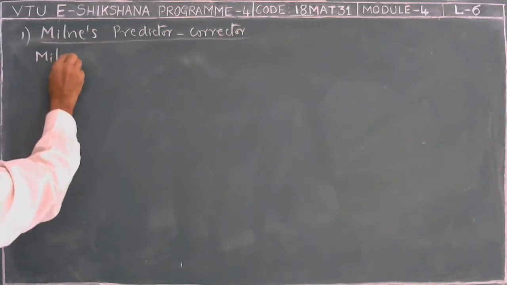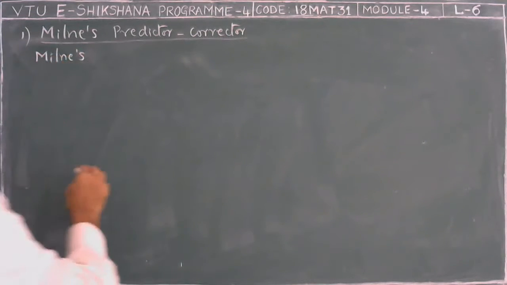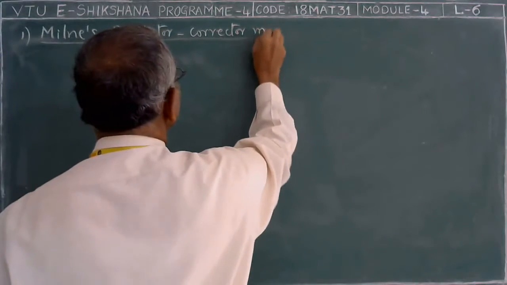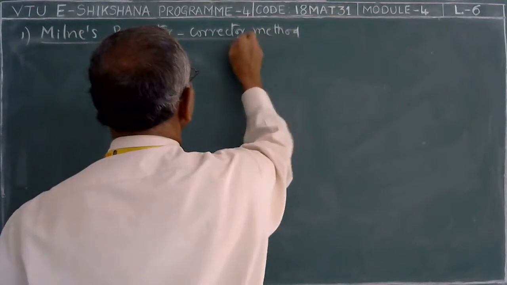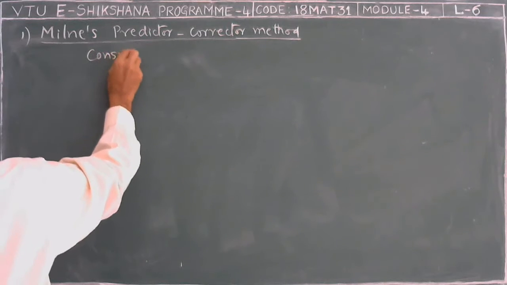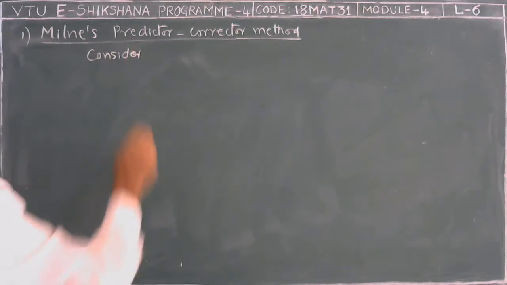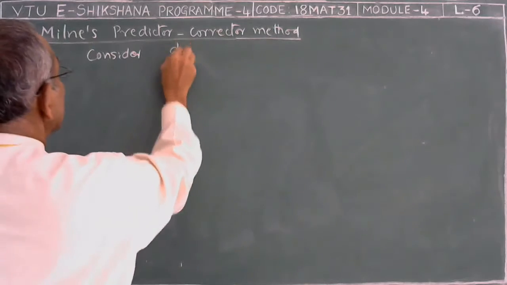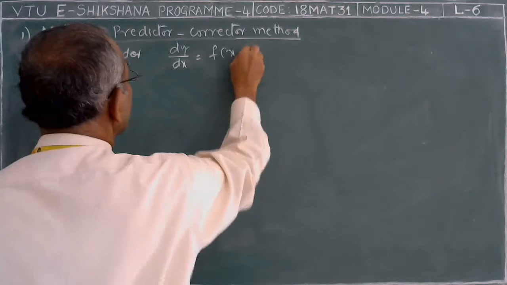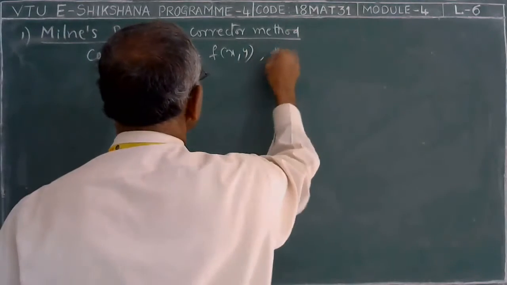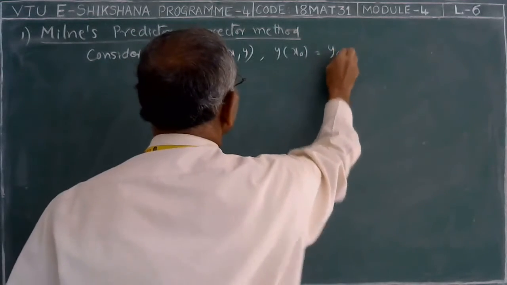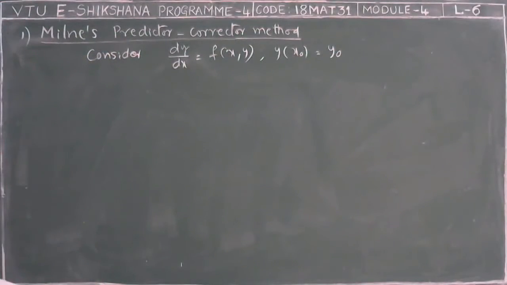It is used to solve a differential equation of the form dy by dx is equal to f of x comma y with given initial condition y at x is equal to x naught, y naught.